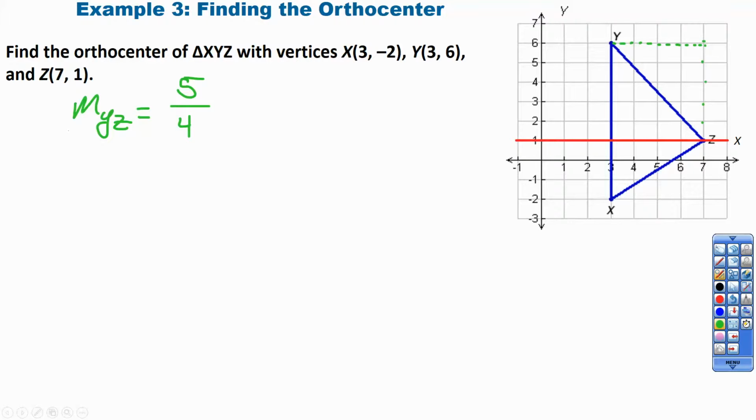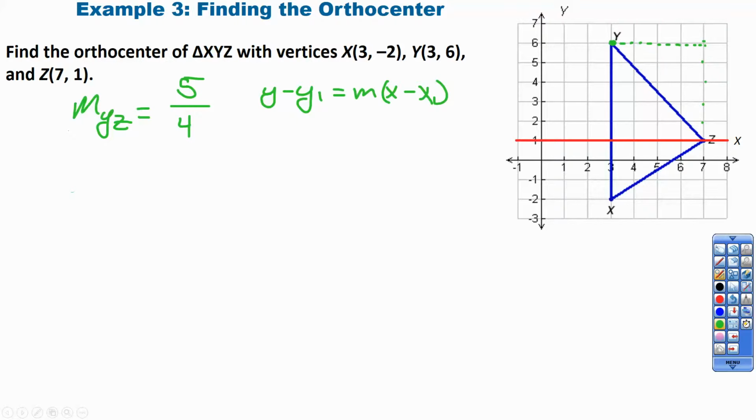So we need to find the perpendicular equation passing through this point. So to find the perpendicular line passing through that point, we say y equals mx plus b. Actually, we don't want to do that one, sorry. We want point slope form. So that's going to be y minus y1 is equal to m times x minus x1.